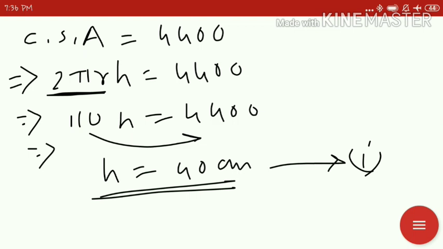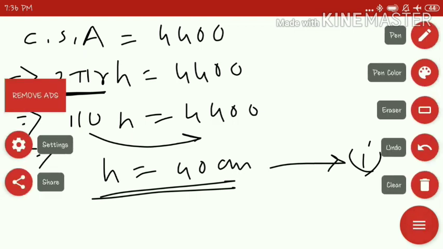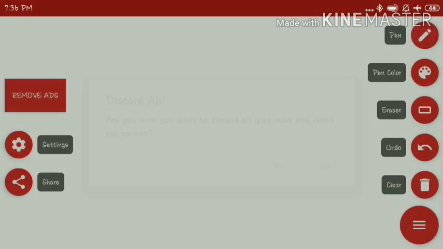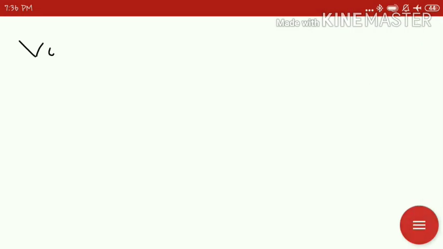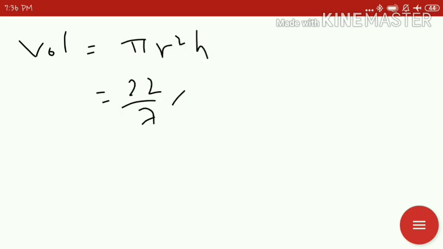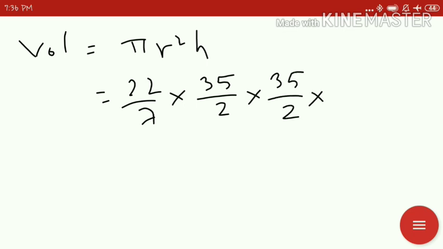Now we need to find out the volume. To find the volume, we will apply the formula and put in the values accordingly. Volume equals pi r square h is the formula. Pi means 22 by 7, r square means taking r two times. I found r as 35 by 2 into 35 by 2 into h, and height I have already got as 40. The 7 cancels with 35, I told you that would help in cancellation.